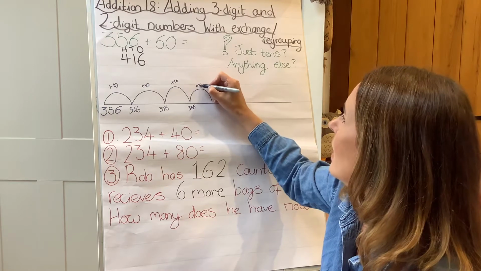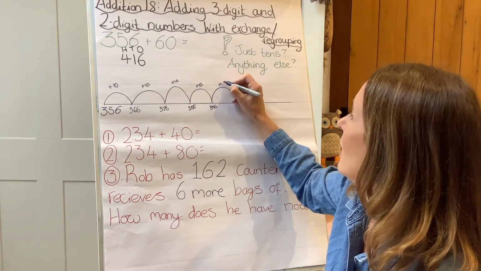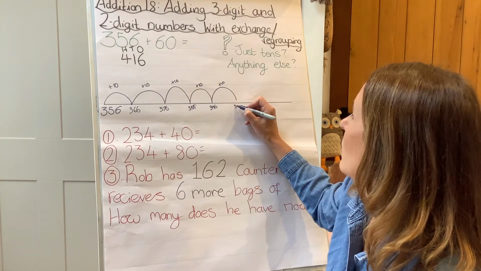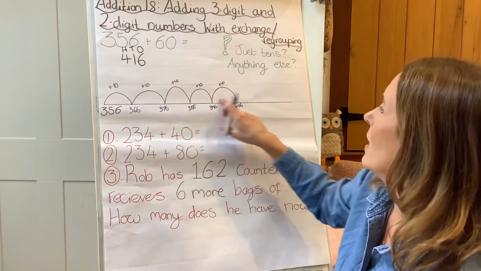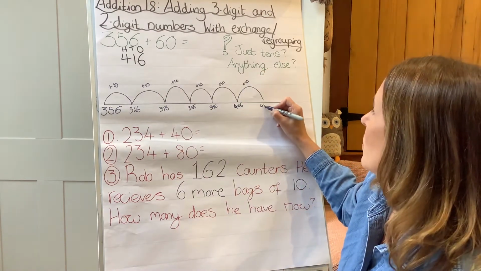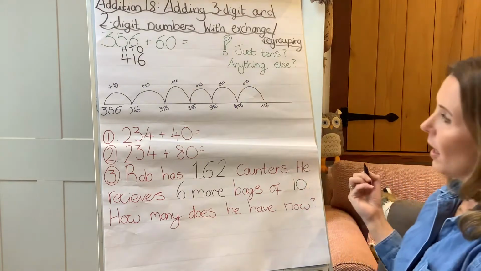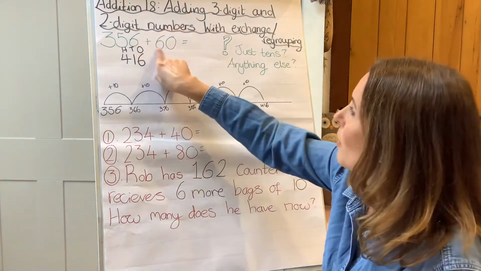Another 10 is 396. Add another 10 is 406. And I've added on 5 tens. The 6th 10 is 416.